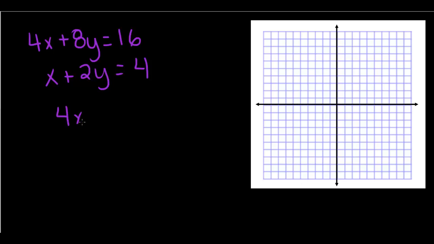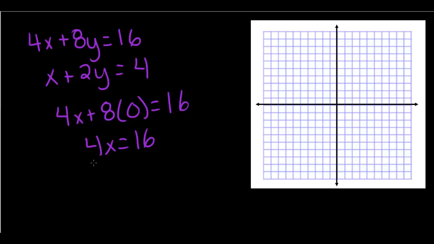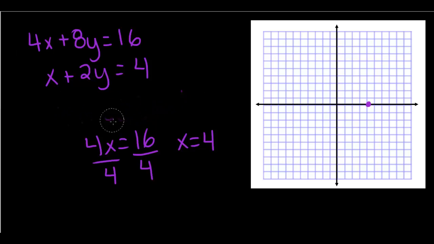So I'll have 4x plus 8 times 0 equals 16. 4x equals 16. We divide by 4, so x equals 4. So when y is 0, 1, 2, 3, 4, x is 4.